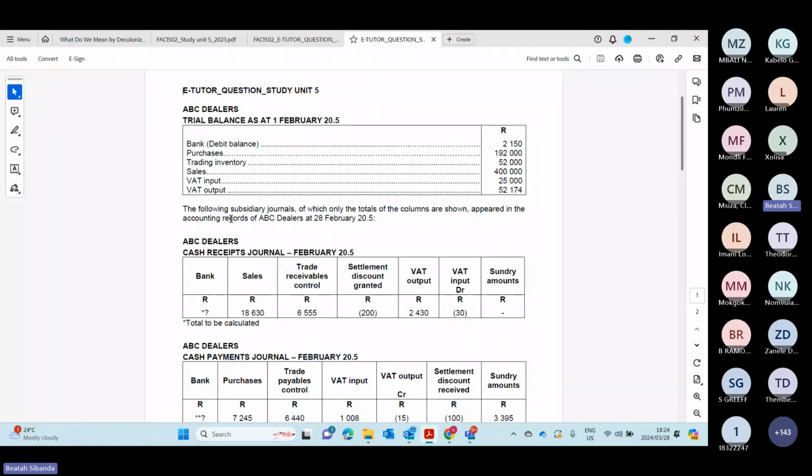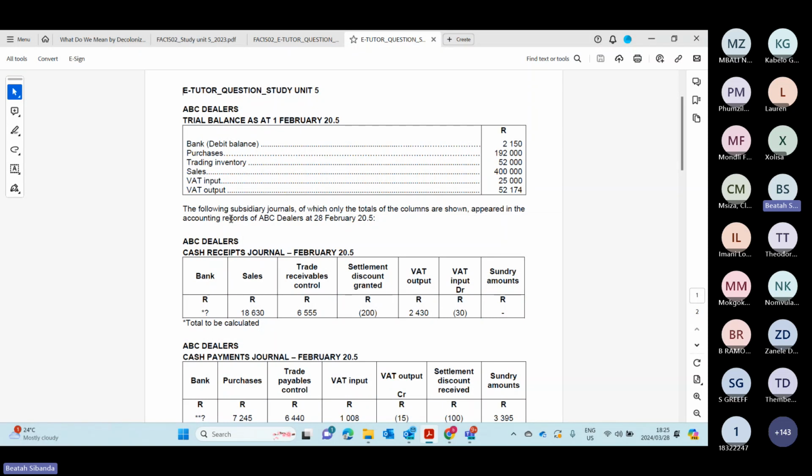So the key thing that you need to understand here is that if a transaction has VAT, when you transfer the amount to the general ledger, you're not going to take the amount inclusive of VAT. So depending on whether it's purchases or sales, you need to account for output tax and for input tax.